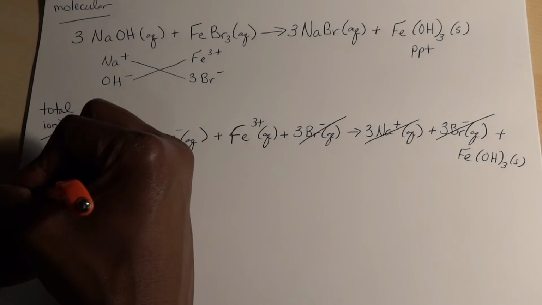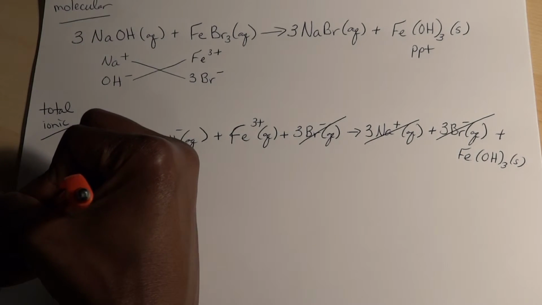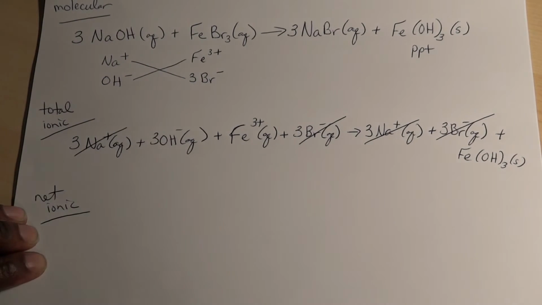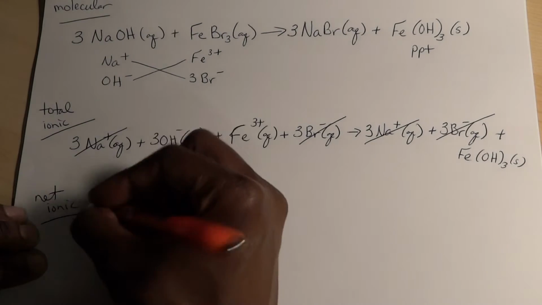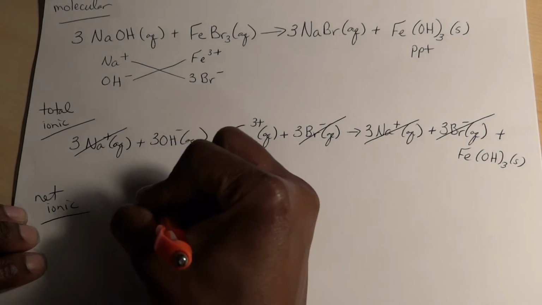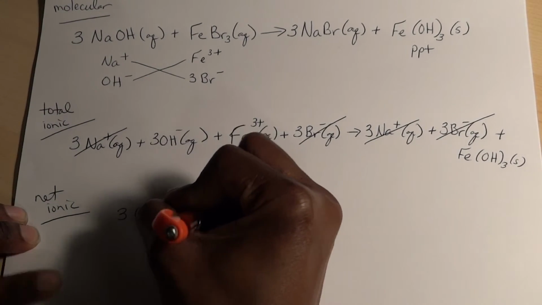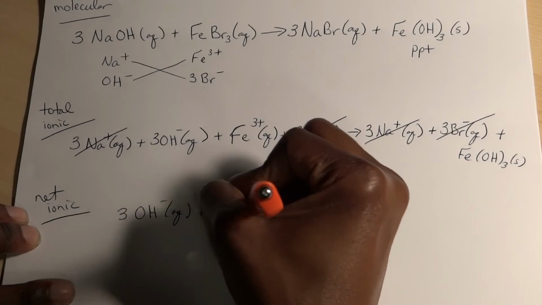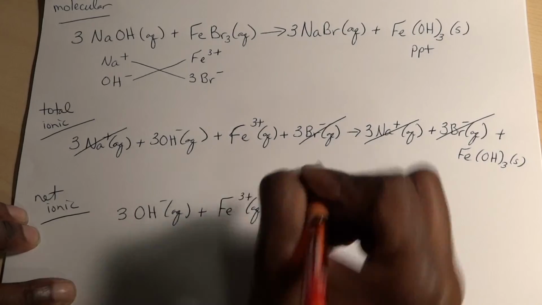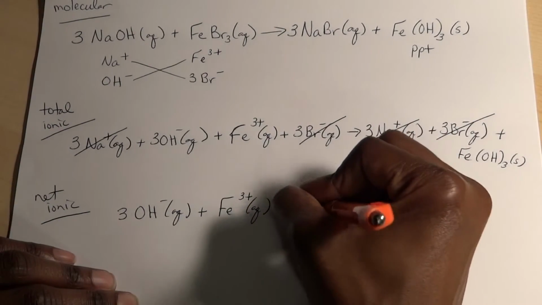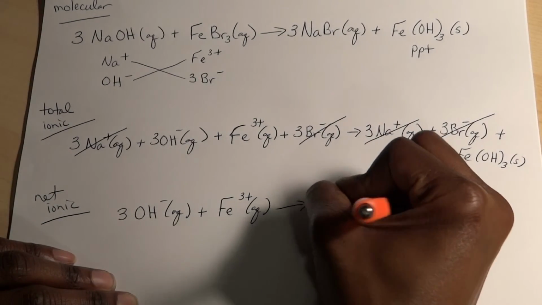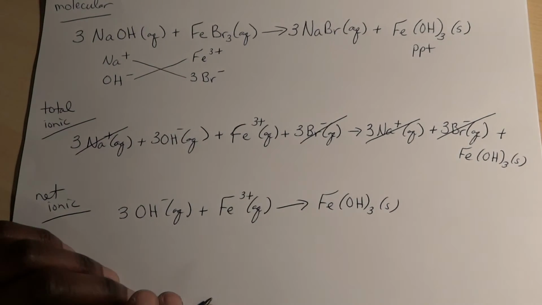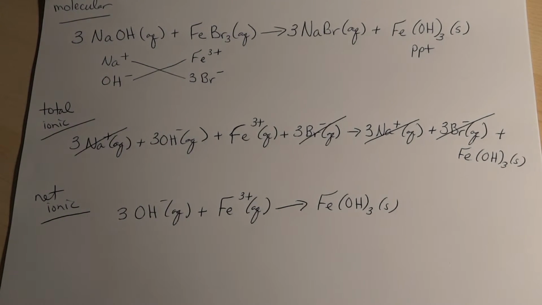That leaves us with, for our net ionic equation, 3 hydroxides, an iron 3 ion, and our solid, Fe(OH)3. Okay, and there we have it.